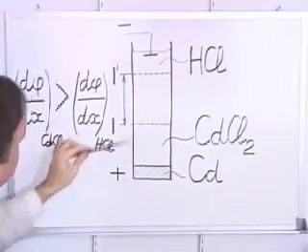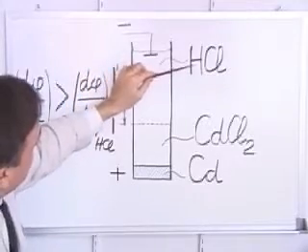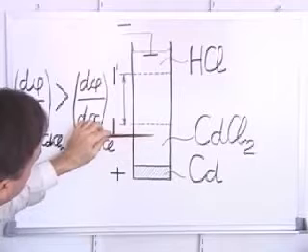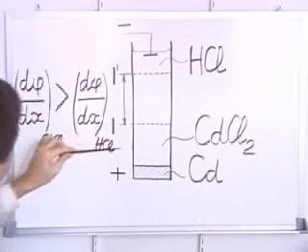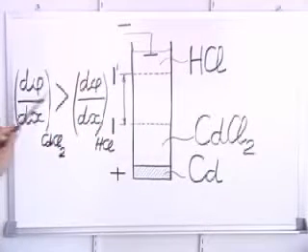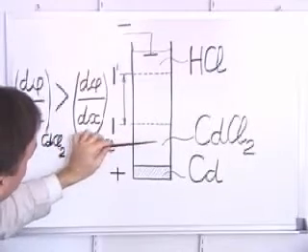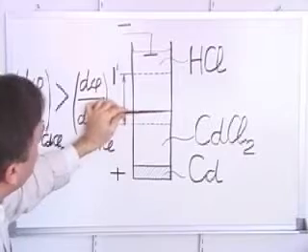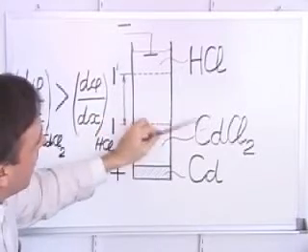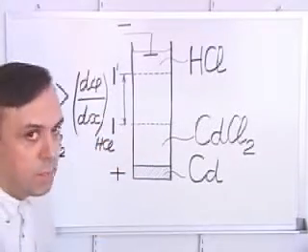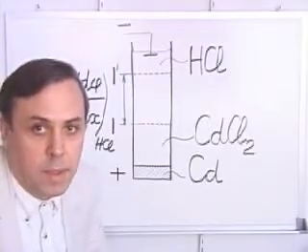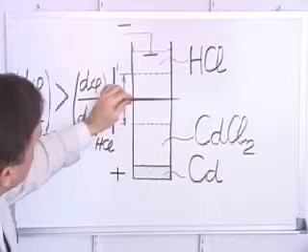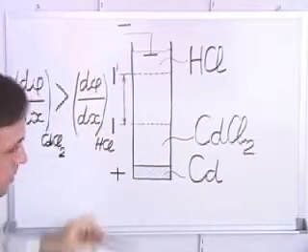On the other hand, if the proton from the hydrochloric acid happens to lag behind and fall into the region of the cadmium chloride solution, then the higher potential gradient in the cadmium chloride solution will speed it up, and it will speed it up more than the cadmium ion, because the proton, as we mentioned, has a higher mobility. And this is how this boundary gets preserved in its motion upwards.